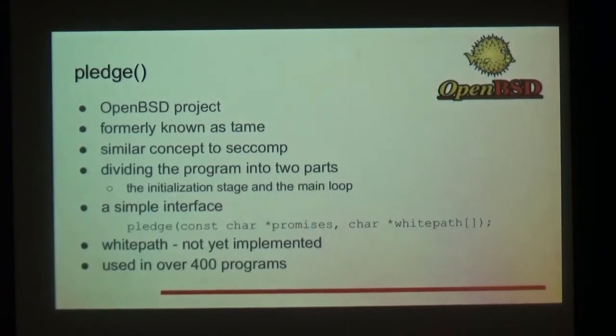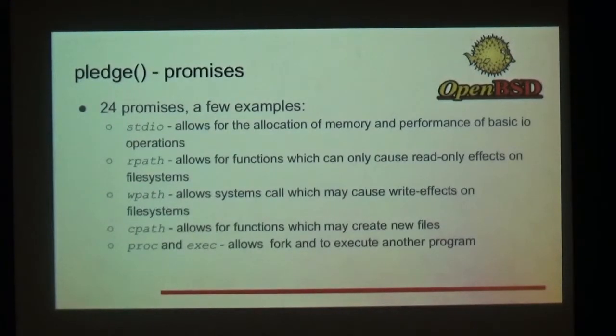But what people could think about Pledge is that it is very easy to use, because it's used in over 400 programs. So we have a lot of promises. There are 24 of those promises. One of them is stdio, which is mostly used, I think it's used by all the programs, because it allows us very simple and basic operations like malloc.